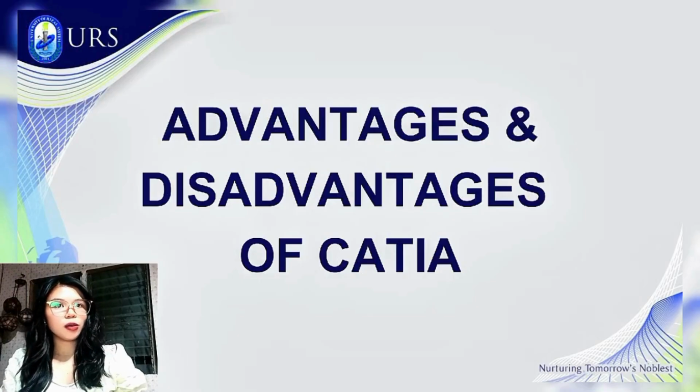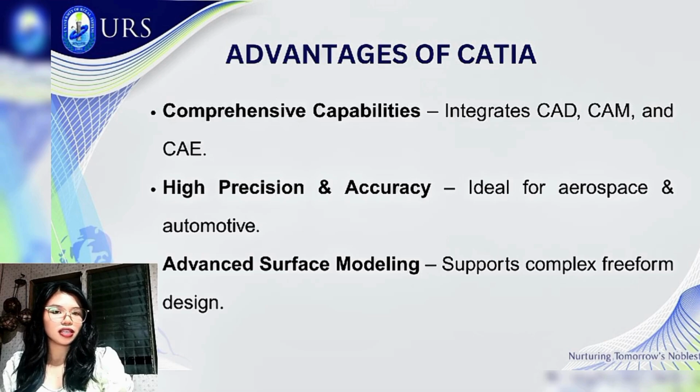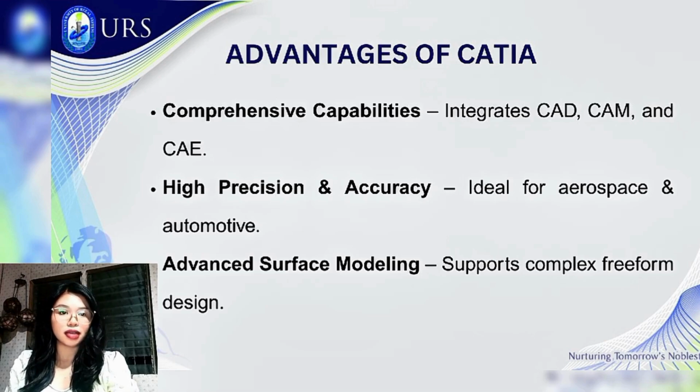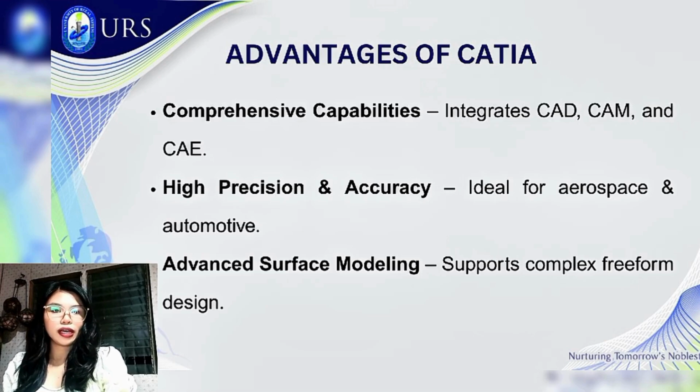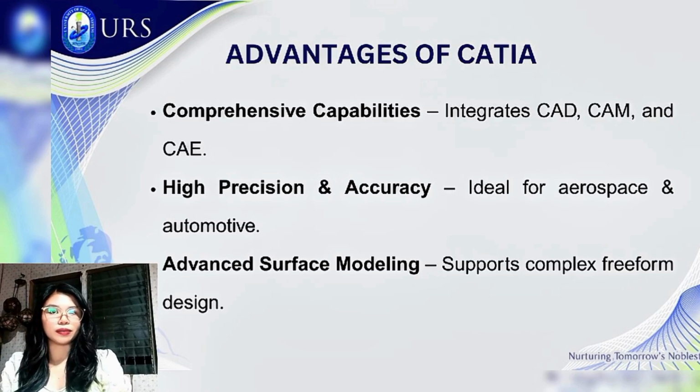Okay, let me begin by discussing the advantages of CATIA. First, CATIA offers comprehensive capabilities integrating computer-aided design or CAD, computer-aided manufacturing or CAM, and computer-aided engineering or CAE in one platform. This integration helps streamline the entire product development process from designing to analysis and manufacturing.